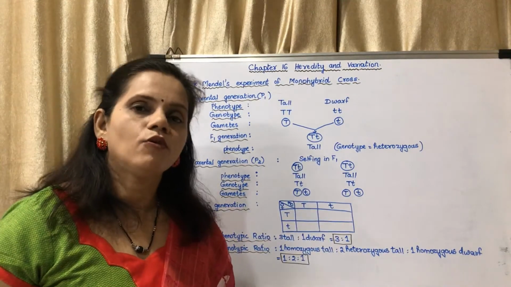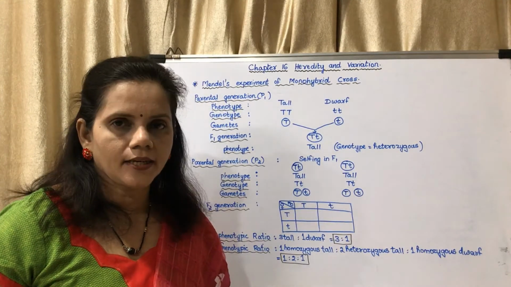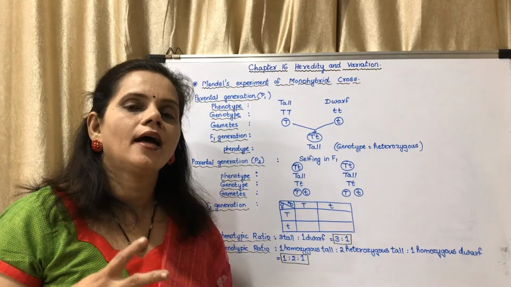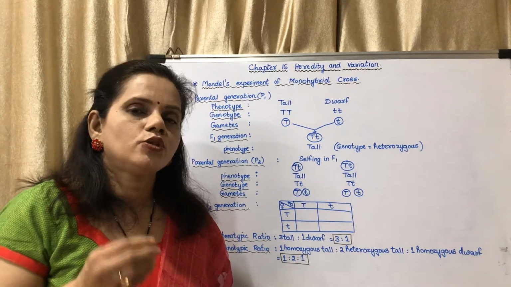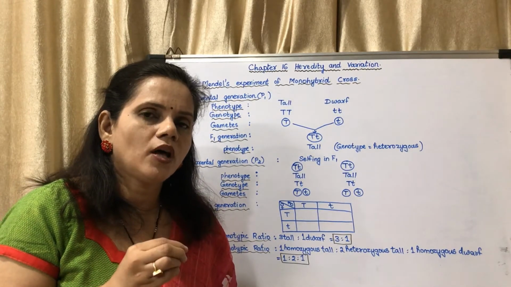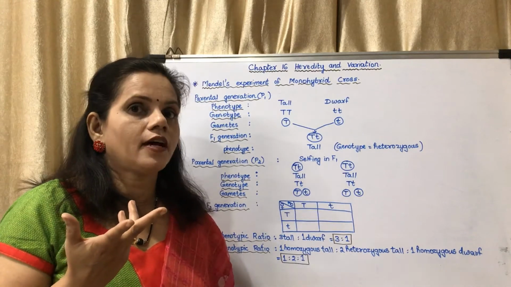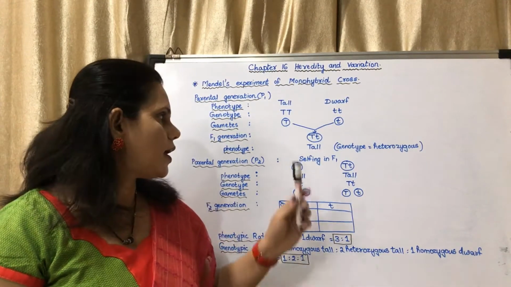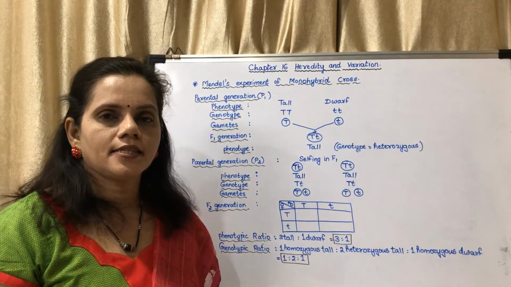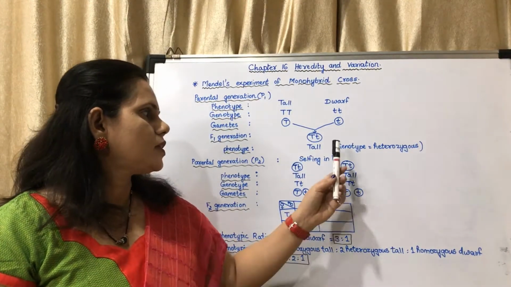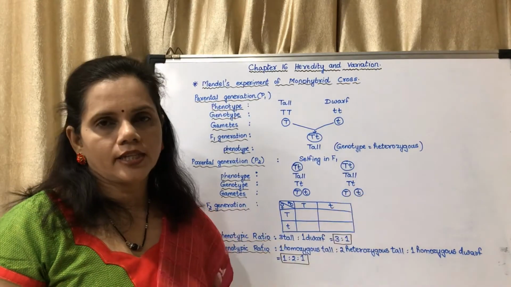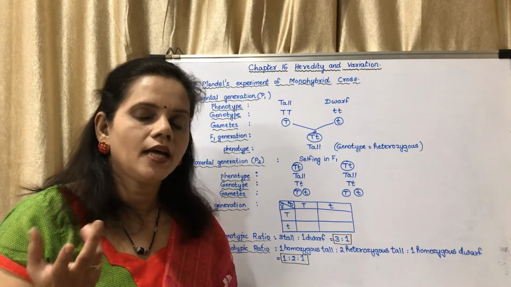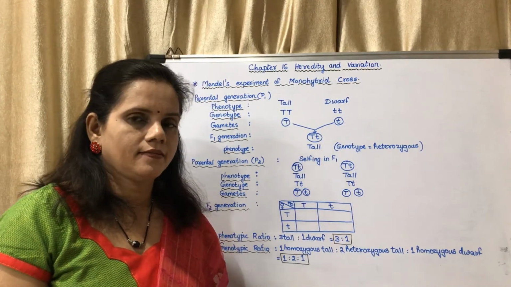Because it is having one dominant gene. It is having one capital T and one small t. So even if it is having one small t, it is having one capital T. So that T will be dominant and it will show the characteristic tall. And the genotype is heterozygous. Why heterozygous? Because one is of dominant gene and another is of recessive gene.